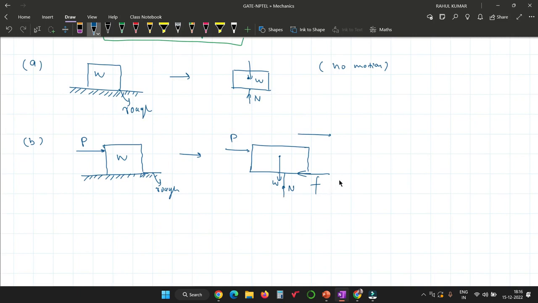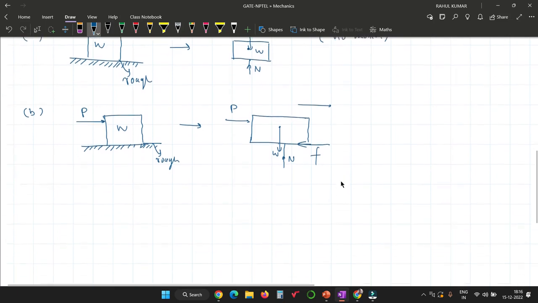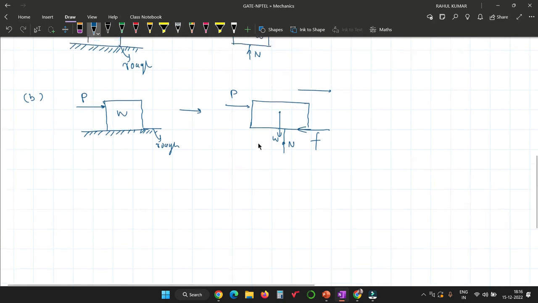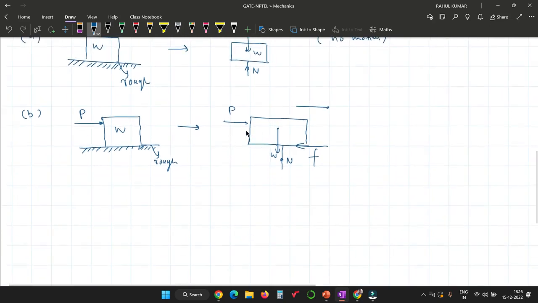Here you cannot say whether the block will move or not. It depends on the roughness, or you can say the irregularity, of the surface. If you want to move the block in this direction, then you have to overcome this force.